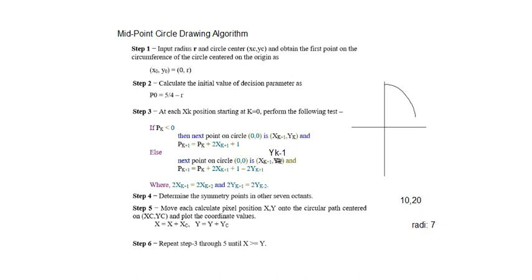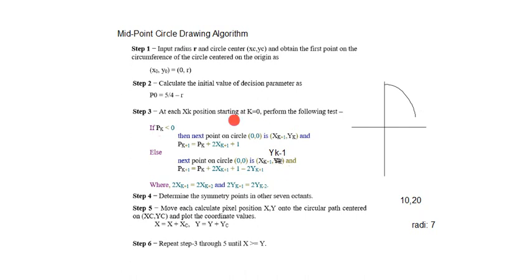Here x is increasing and y is decreasing. Now you can understand this is not an actual circle, but x will be increased and y will be decreased. So that is what we are doing here. We check the decision parameter, and according to it x will be increased and y may remain the same or decrease. So this is our step number 3.